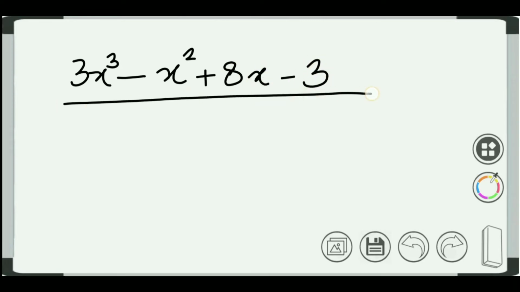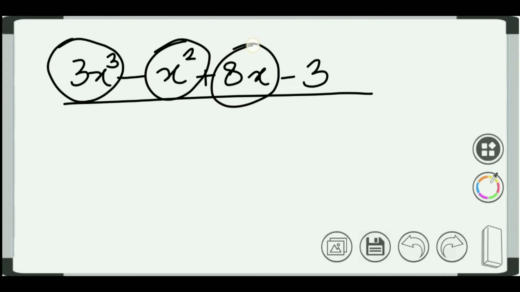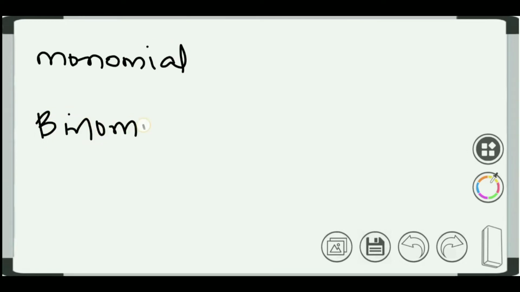Now, in this polynomial, how many terms are there? Not the degree, how many terms are there? You can see 4 terms: 1, 2, 3 and 4. So on the basis of the number of terms, polynomials are again divided into 3 types: monomial, binomial, trinomial.